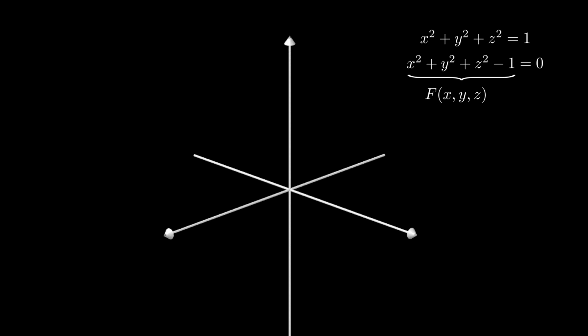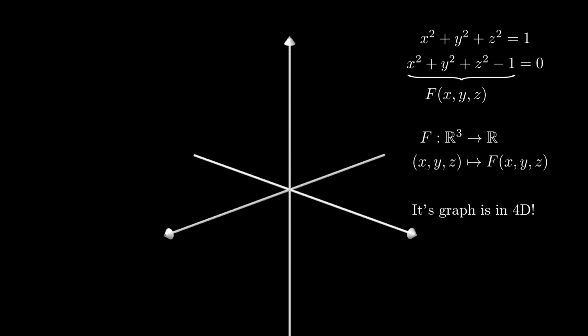This is a function from R3 to R, because it is assigning a triplet x, y, z to a single number, the value of the function at that point. So in order to graph this, we would need 4 dimensions. But we don't have 4 dimensions. We're simple 3-dimensional human beings, sadly.